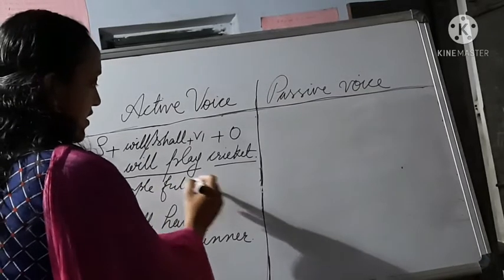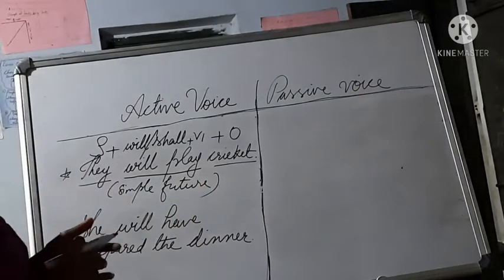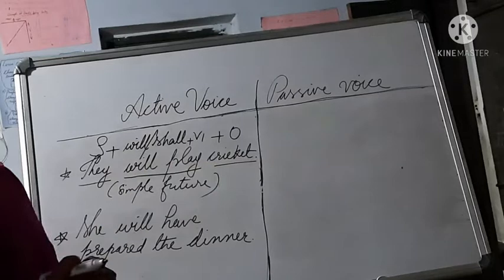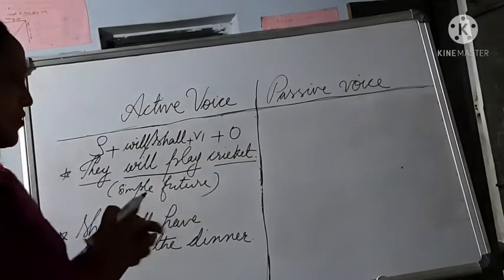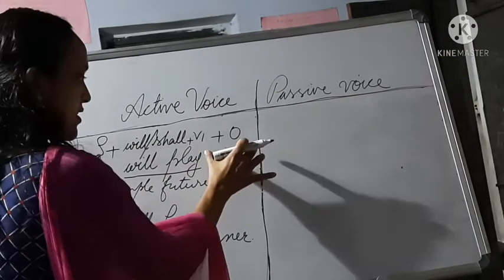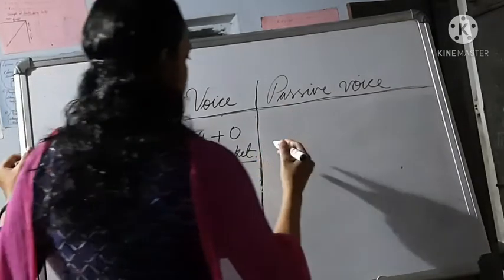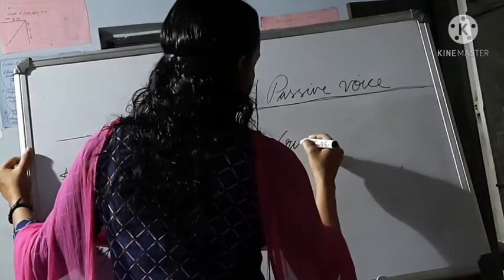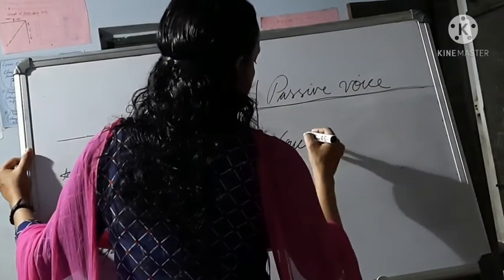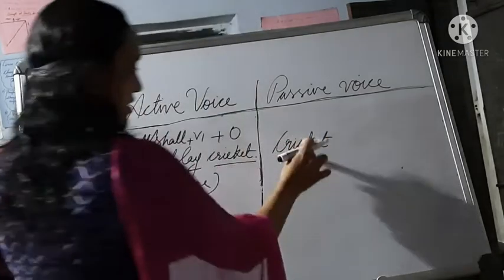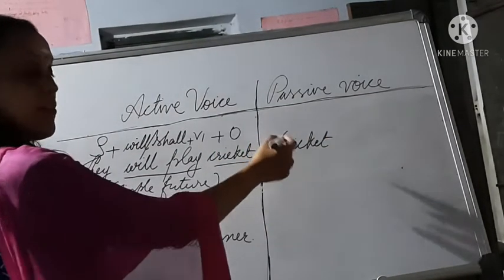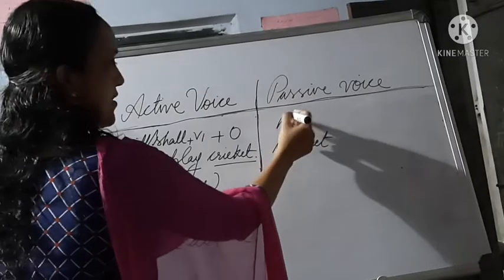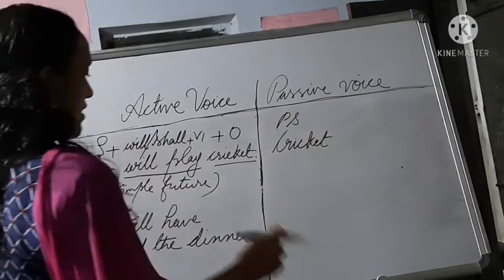Then let's see how to convert this to passive voice. We already know. First you take the object. Which is the object? Cricket. Take this object and place it here. Always, first you write the object in all cases, and we call this object the passive subject.